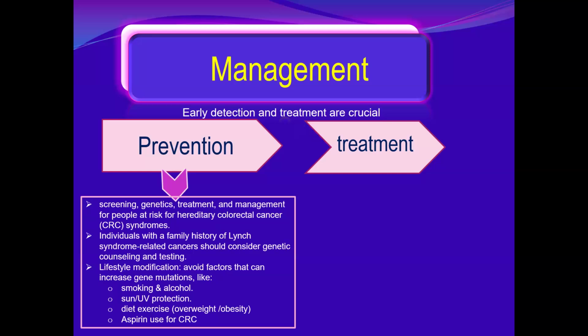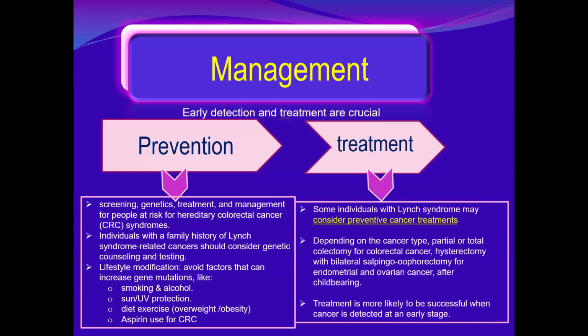And we have to consider lifestyle modifications to avoid factors that can increase gene mutations like smoking, alcohol, and they have to have sun ultraviolet light protection, avoid overweight and obesity. And literature mentions that aspirin can be used to protect against colorectal cancer.